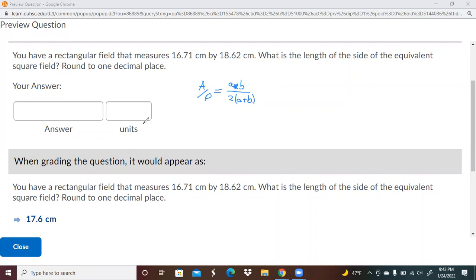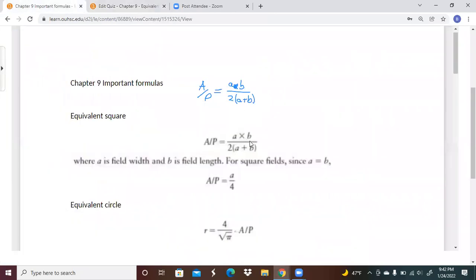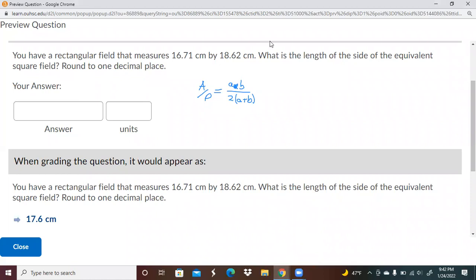Let's see, do I have all of this in here? I want to make sure that I got this right. A times A over 2A. Yep, I got it. All right, so now let's start this up.